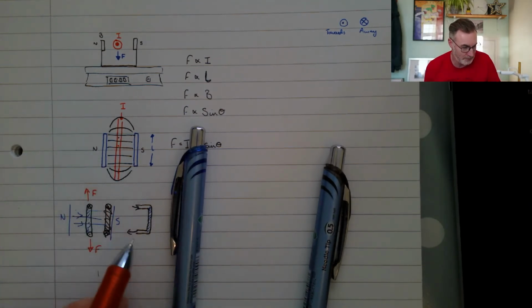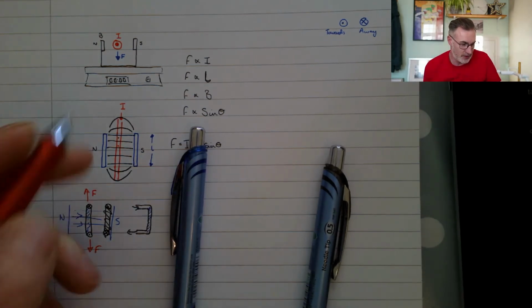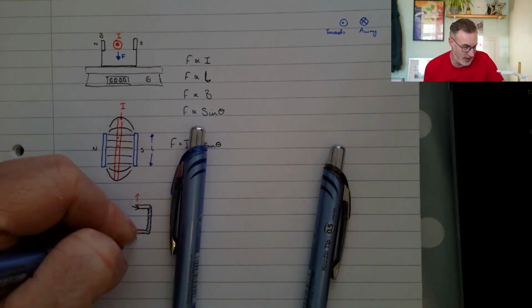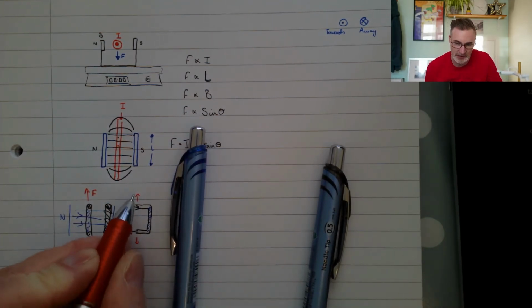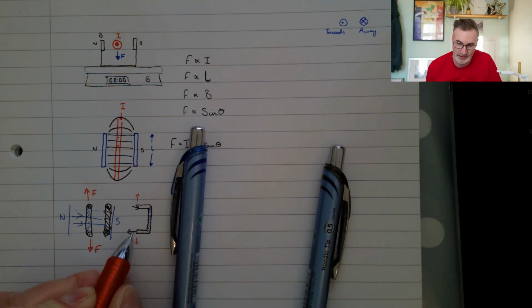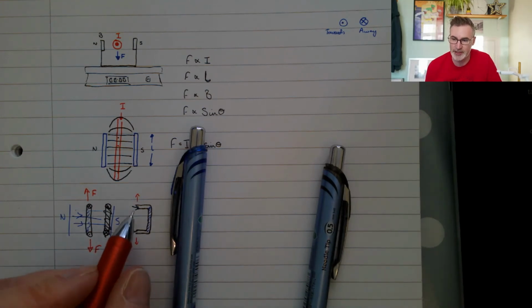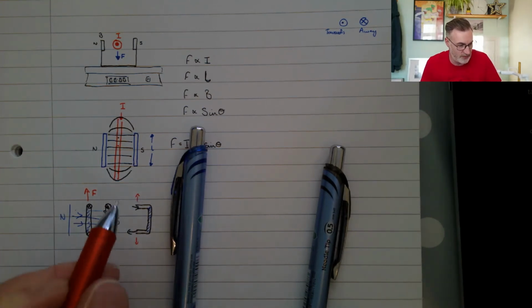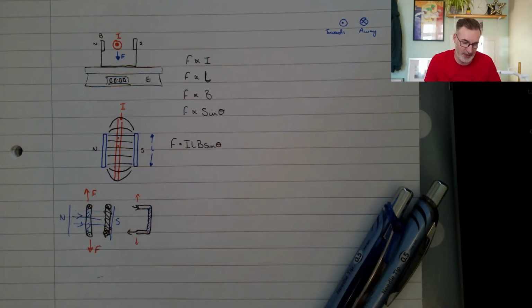Now, this bit and this bit are going to be having a force like that and that, but the length of material in this magnetic field is going to be the same length. There's going to be the same current flowing through it, and so these two forces will actually cancel each other out.